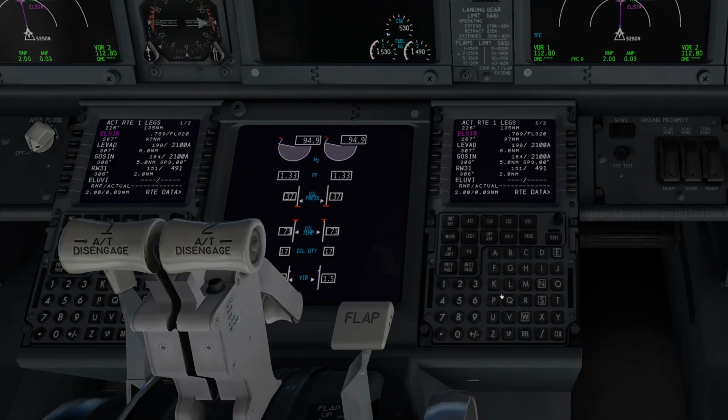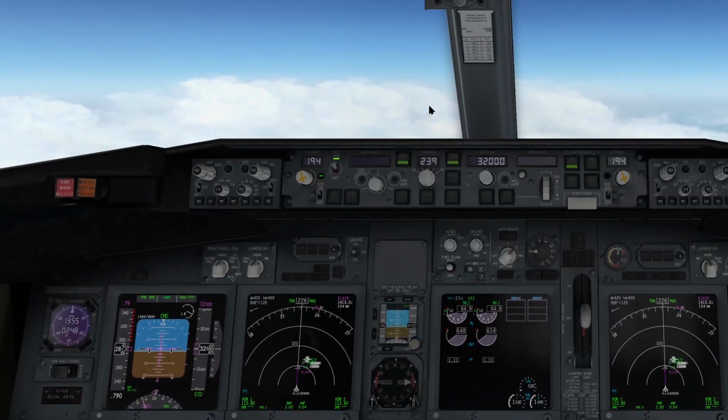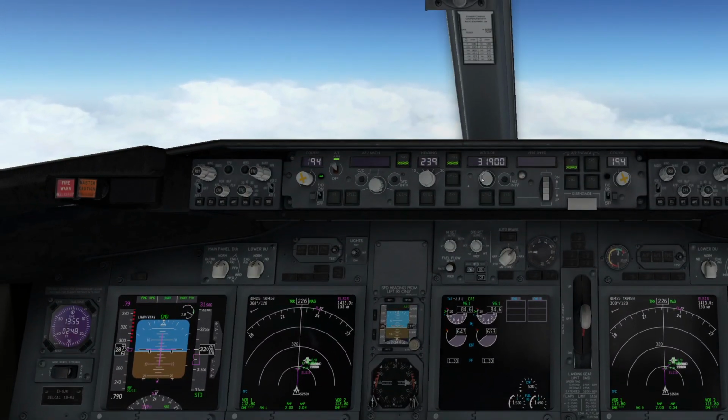And see if we have some constraints. So we should be at or above 2,100 feet. So let's do continuous descent. 2,100 feet.